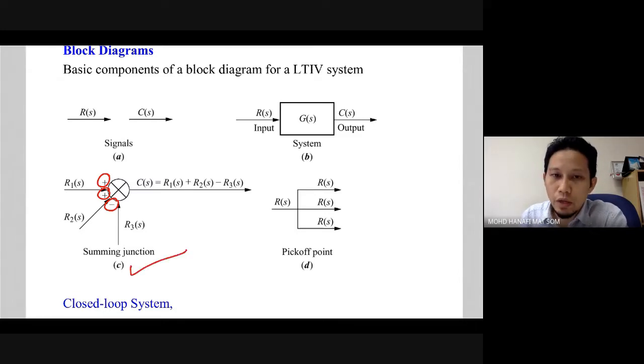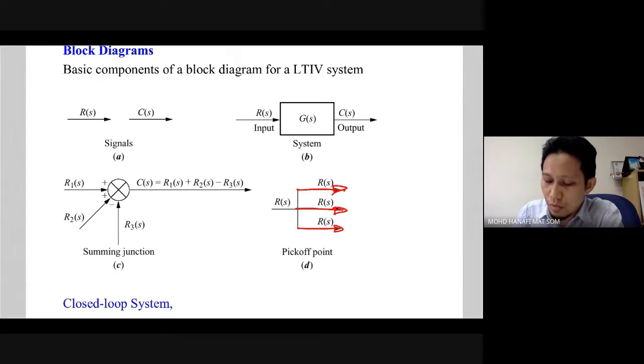And then the last one, we have pickoff points. For the pickoff points, for example, here we have the signal R(s), and then the signal R(s) is divided into another 3 signals. So we have 1, 2, 3 signals here.